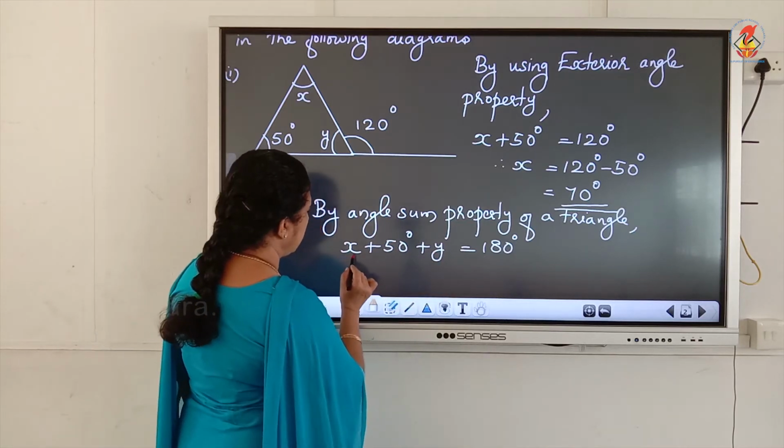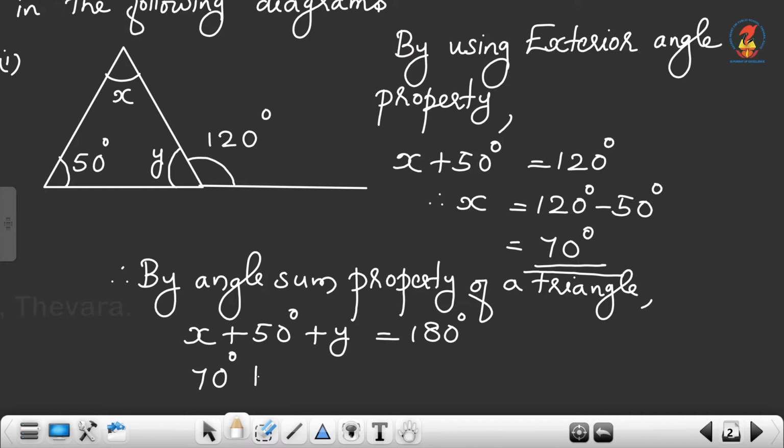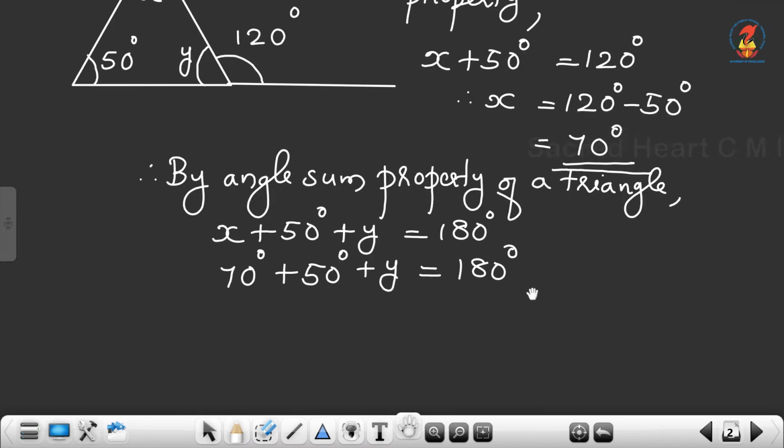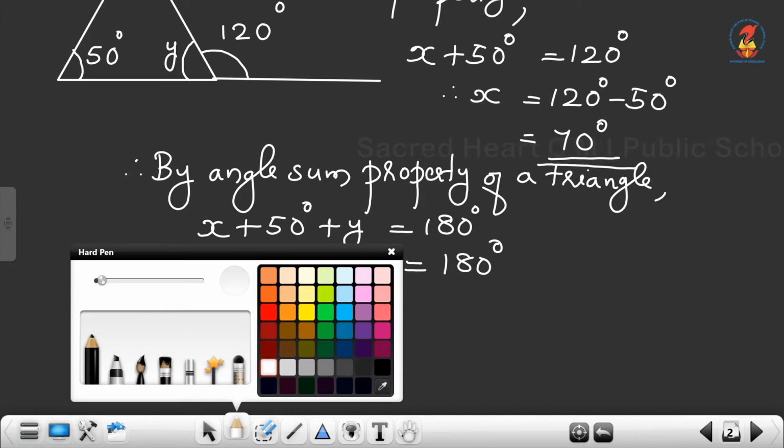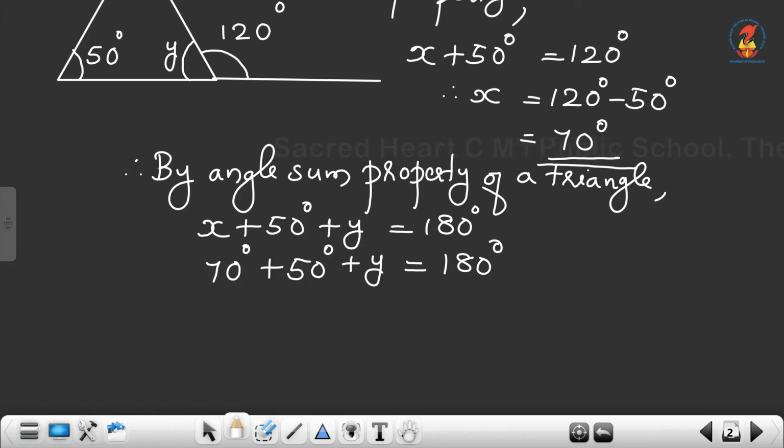Now we got the value of x, that is 70 degree, plus 50 degree plus y equal to 180 degree. 70 degree plus 50 degree is 120 degree, plus y equal to 180 degree.